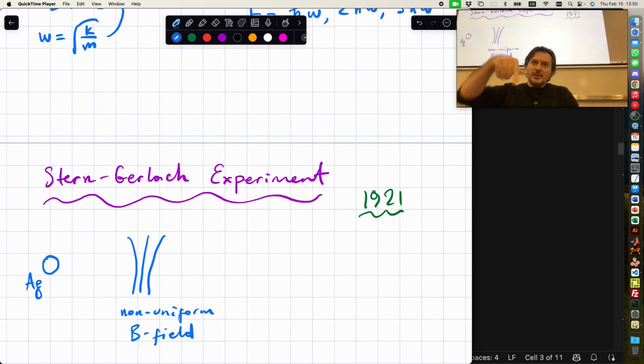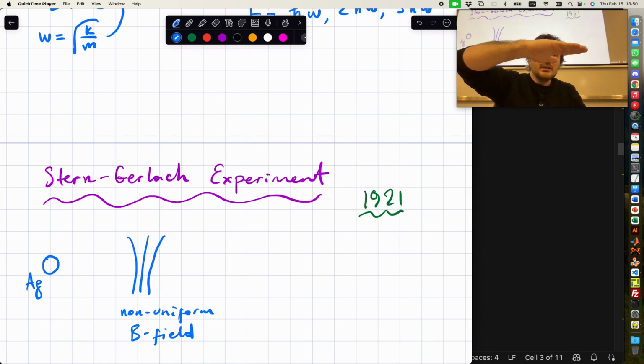If it spins down, it goes down. If it spins sideways, it will not go up or down.